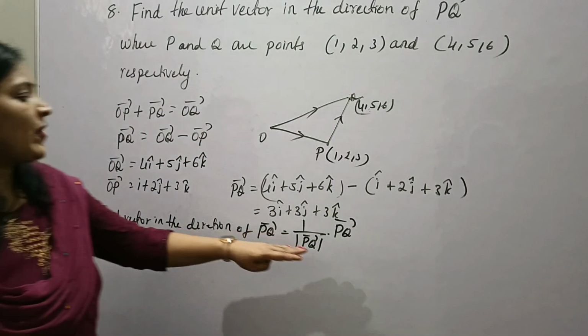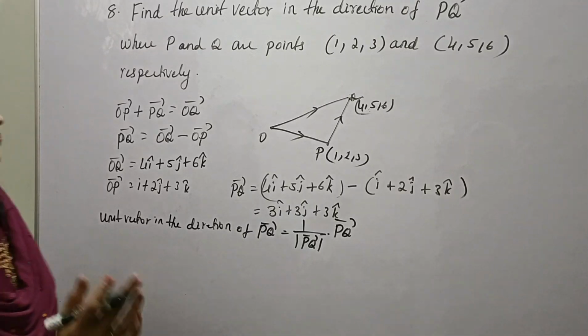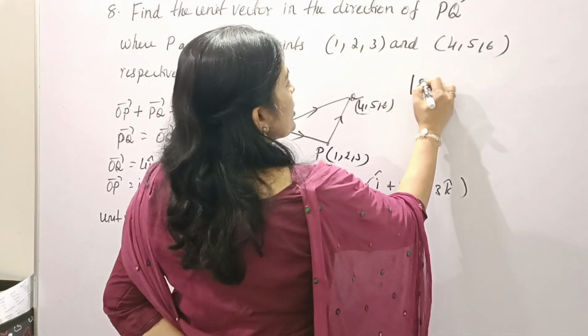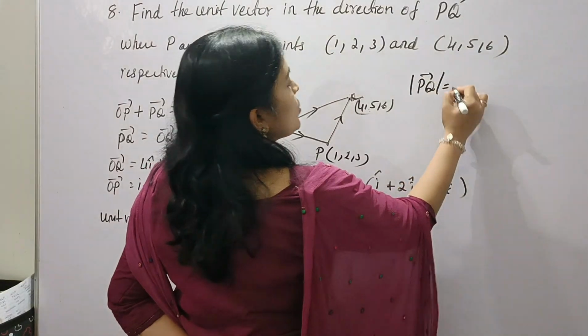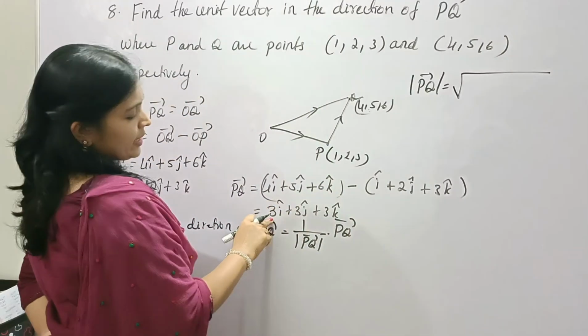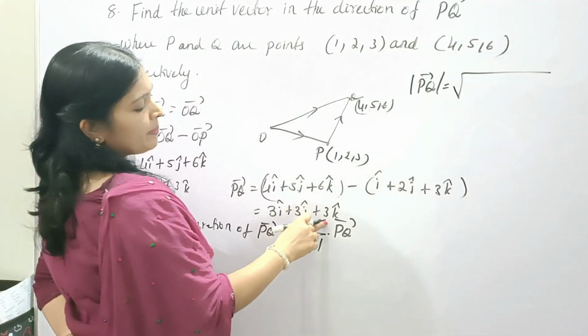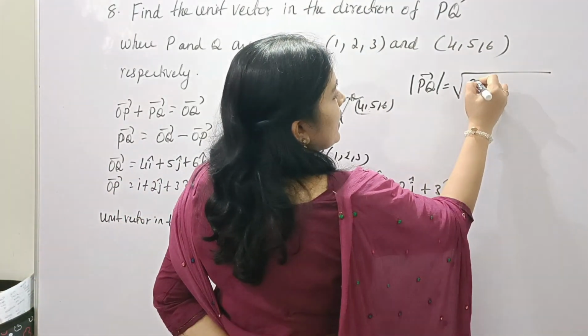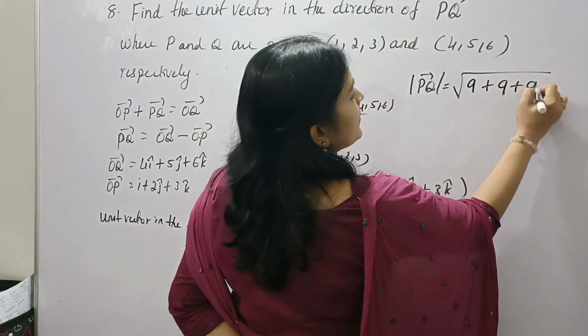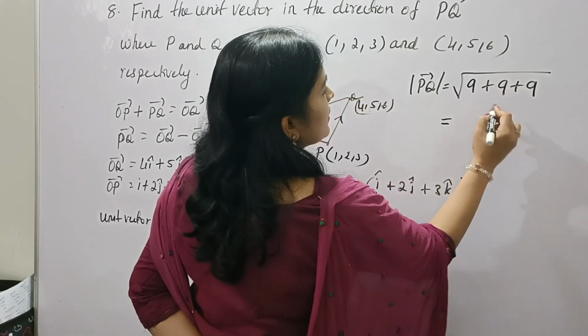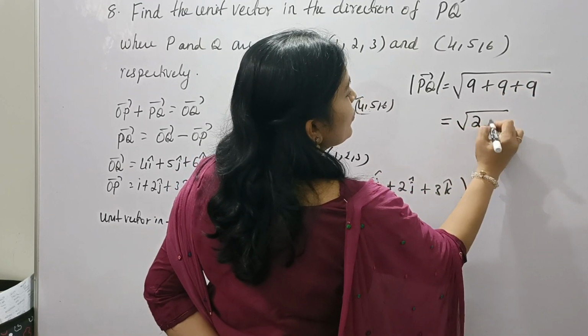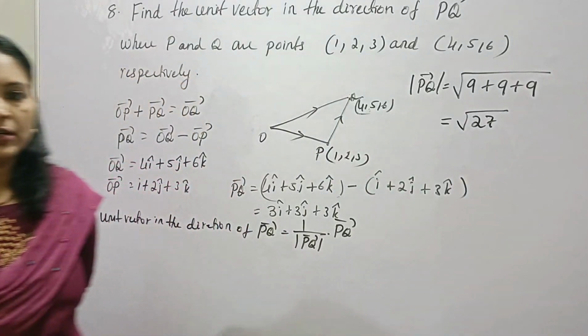So let's find modulus of vector PQ. That is the square root of 3 square plus 3 square plus 3 square, that is 9 plus 9 plus 9, square root of 27.